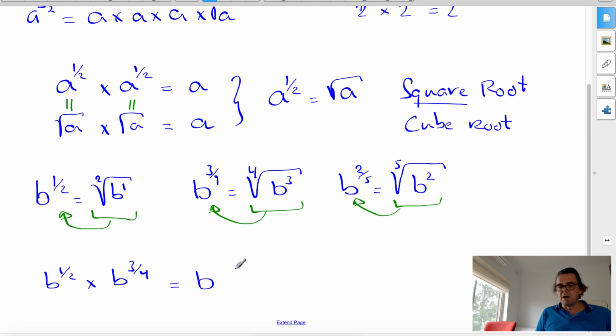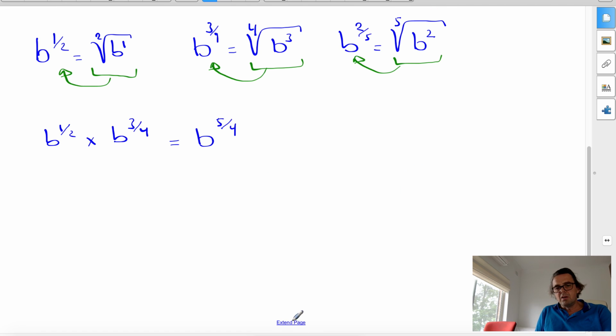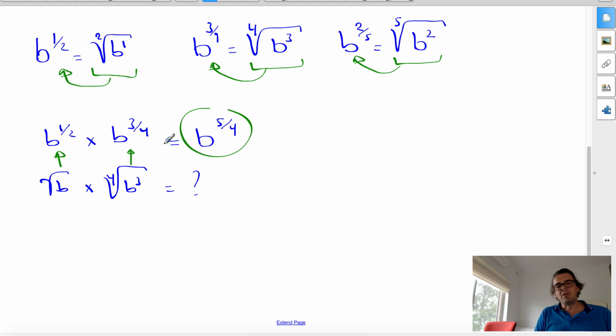So that's b to the power 5/4. That's much easier to do than to multiply the root of b multiplied by the 4th root of b cubed. You couldn't do that unless you first convert to indices, and then you find the answer easily.